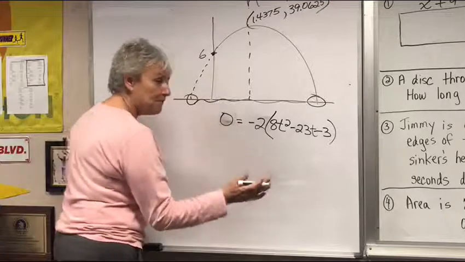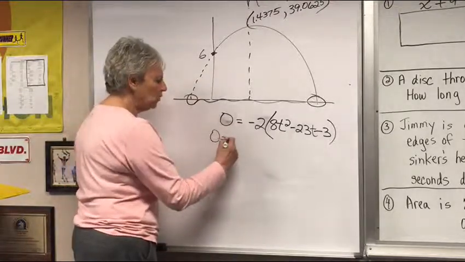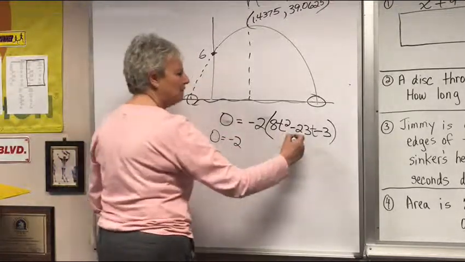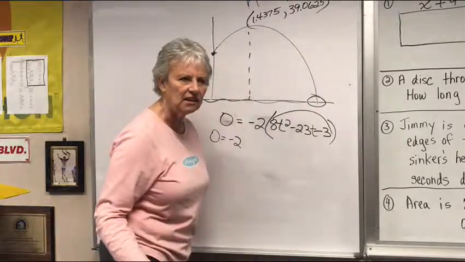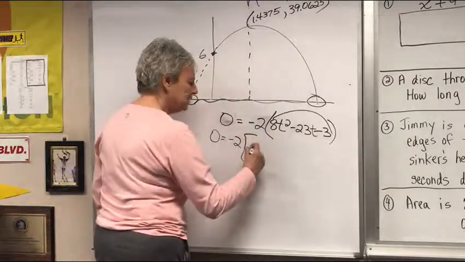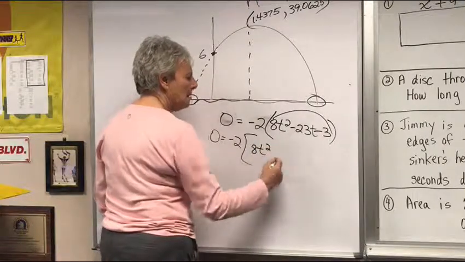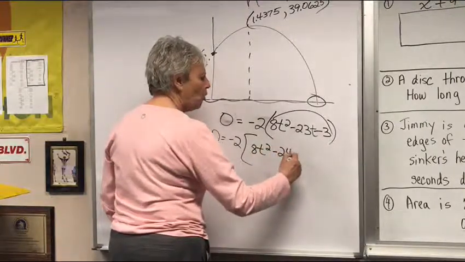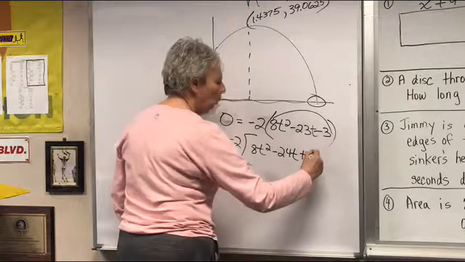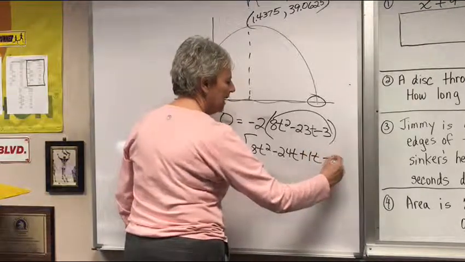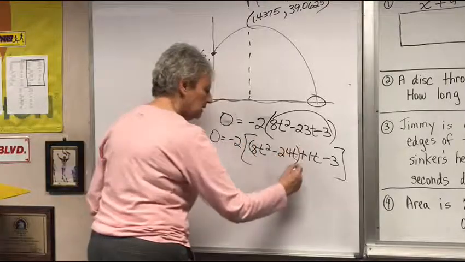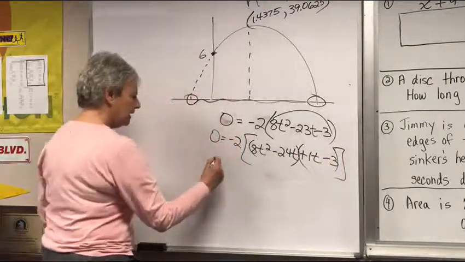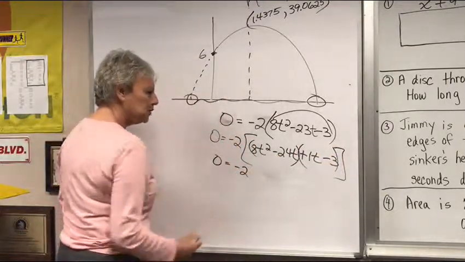All right, so now we factor. 0 equals negative 2. Now, factors of 24 that give you 23 are easy, right? 8t squared minus 24t plus 1t minus 3. Okay, now we're going to group. 0 equals negative 2.